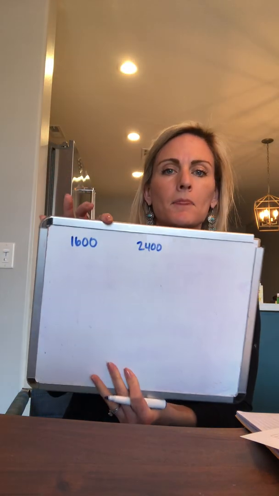All right, so we're going to say we have 1,600 from the past month, goal is 2,400 for the new month, okay? And what you're going to do is figure out what your average PV per member was for this previous month. So for 1,600, what you just finished with.